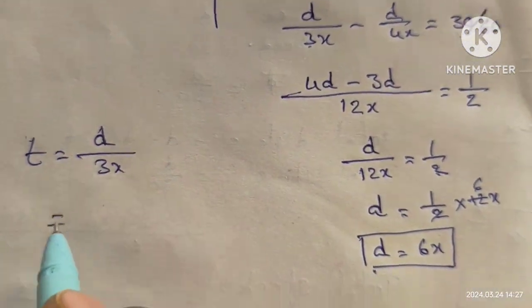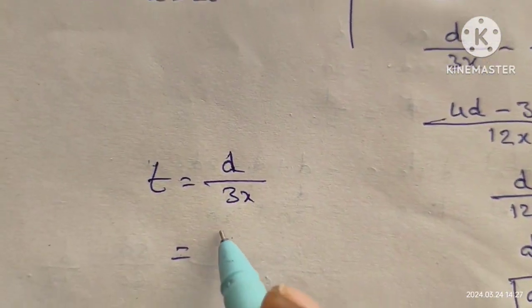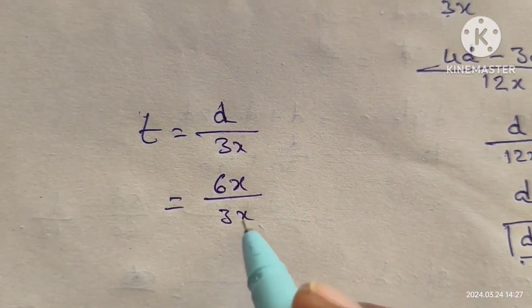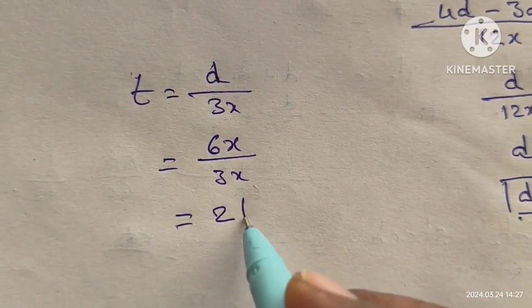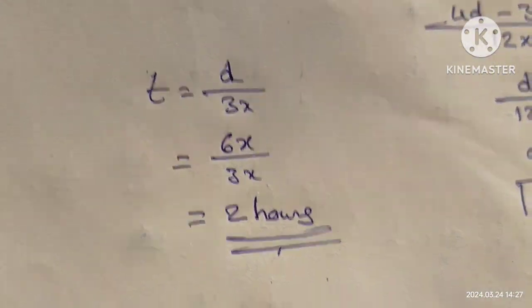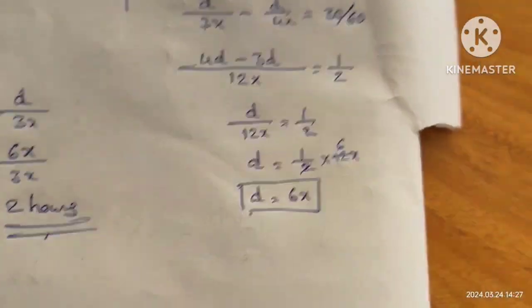The D value we already calculated as 6x. So time equals D by 3x, means 6x by 3x, which is equal to 2 hours. So the time taken by A to reach the target is 2 hours.